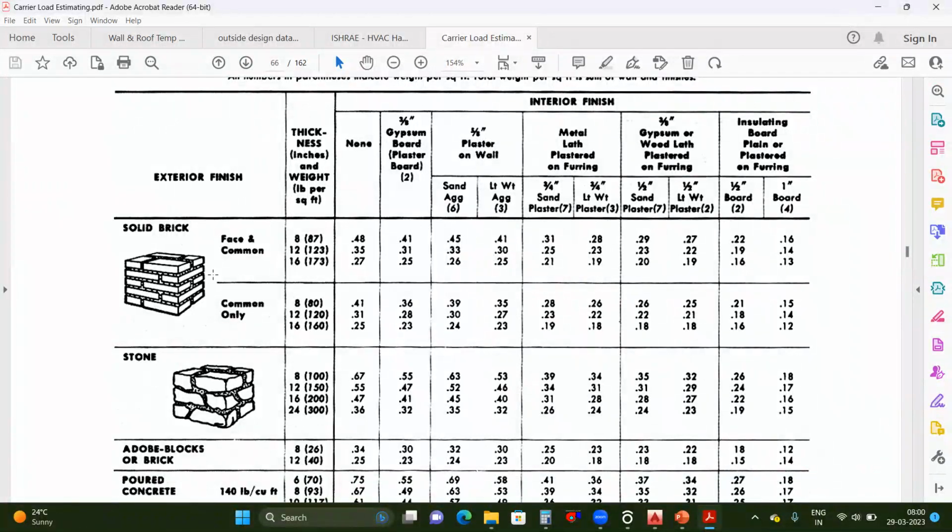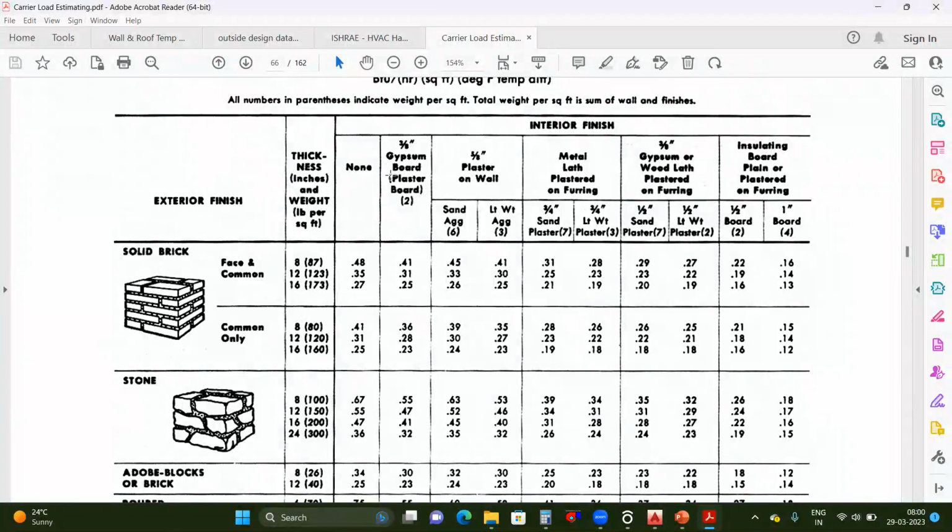So we can see here in the Carrier handbook, it was already available. Solid brick, face and common, common only. The thickness of the brick, if it is 8 inch, 12 inch, 16 inch, and if it is none, meaning not plastered or nothing done on it, we can take these values.